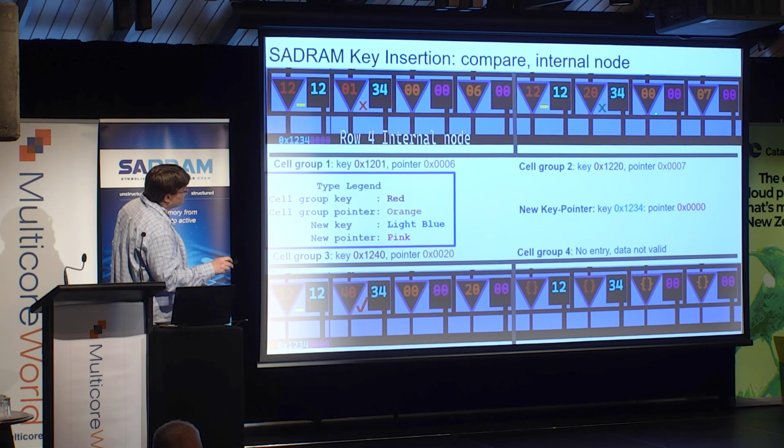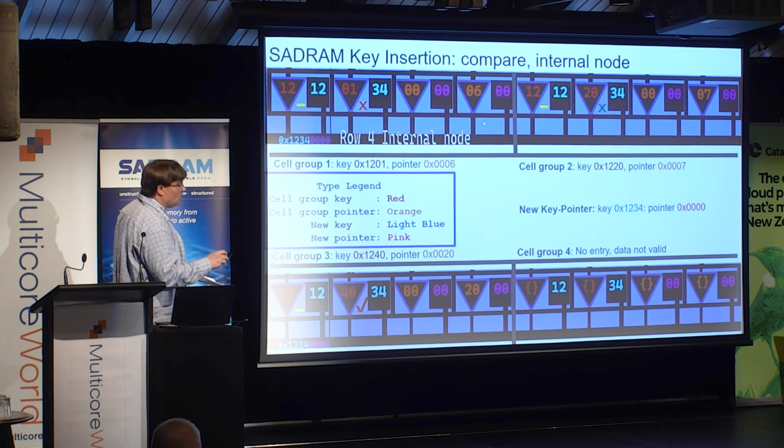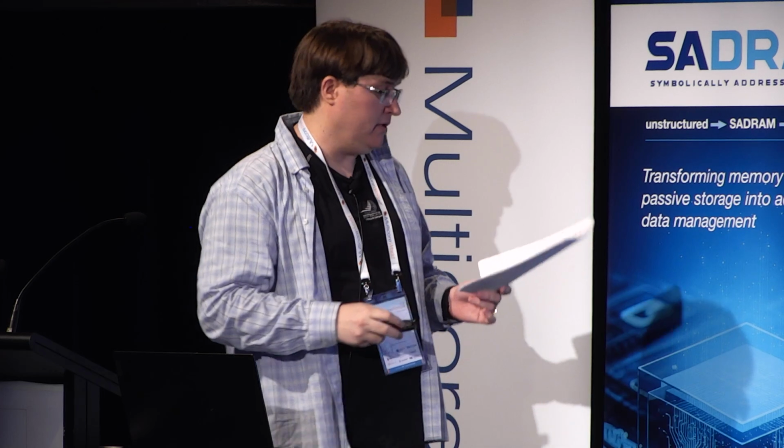So here in cell group 2, that 07 is a reference to row 7, whereas we are currently on row 4, and I just made that up. Because this is an internal node, the keys represent ranges of keys that are more exactly represented in the subnodes of this node.